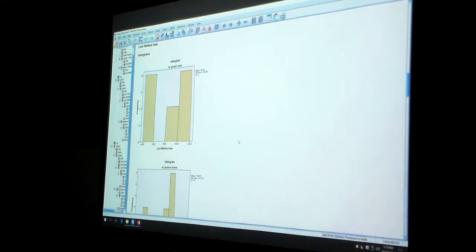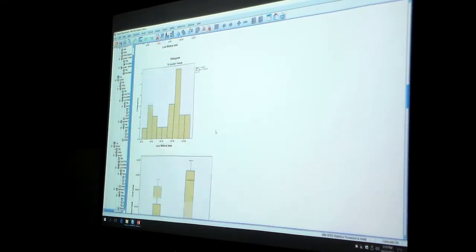Same thing, our Locke-Wallace scores for our women. Reggie, how might we describe this distribution in terms of its shape? It's not normally distributed.